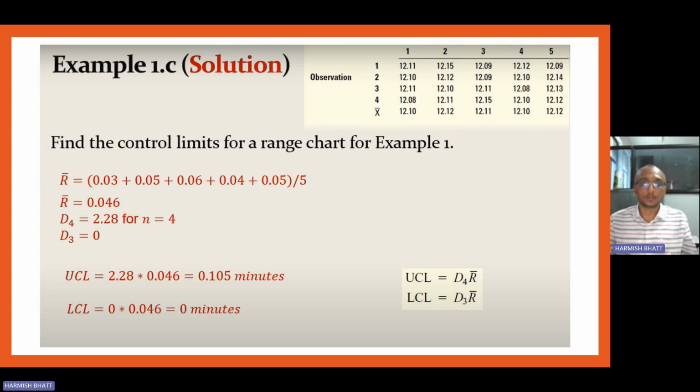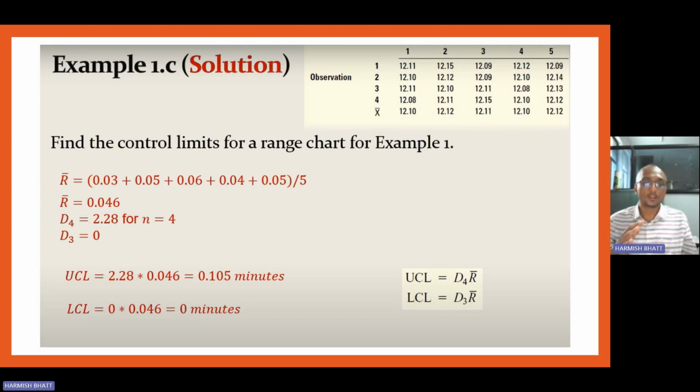After such calculation, we need to plot all the points with reference to the R bar line, UCL line and LCL line. And we need to check whether any range point is going above the UCL or below the LCL.